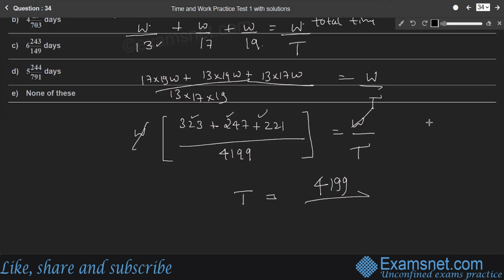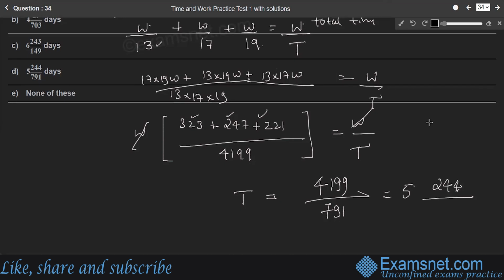323 plus 247 plus 221. So 791. So 791 into 5 is 3955. So it becomes 5 integer, right? So 3955. So 4199 minus 3955 gives 244 as the remainder.